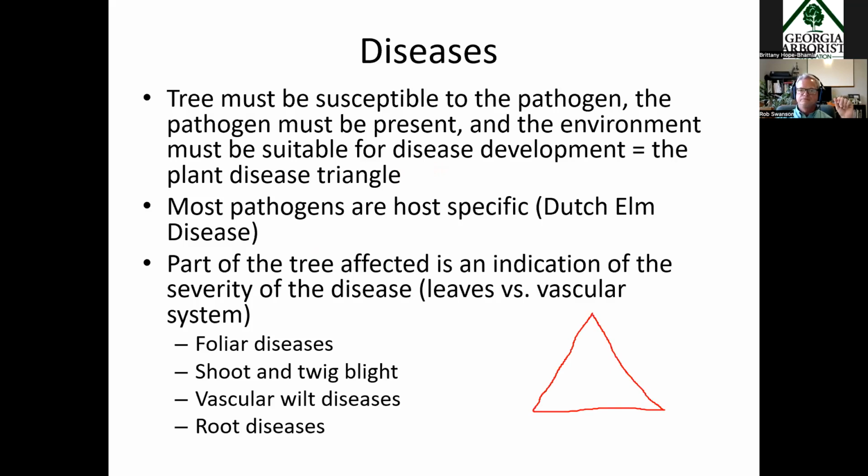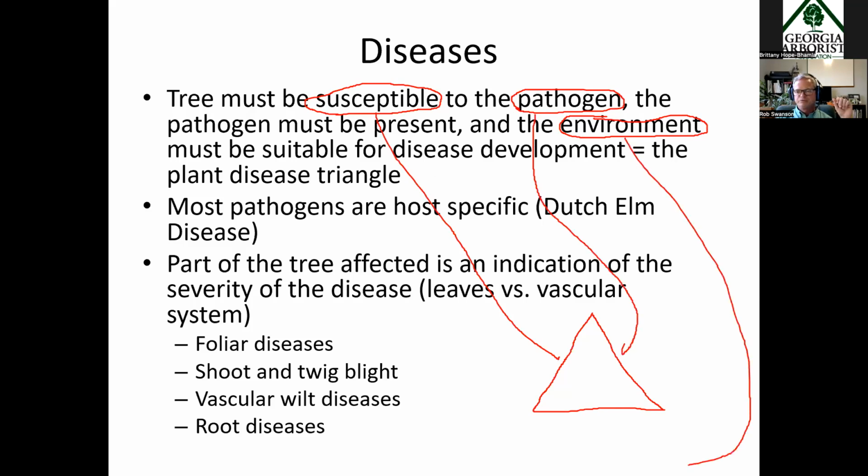The species has to be susceptible to the pathogen, and the environmental condition means it has to be the right temperature, the right time of year. All of these things have to coincide. So you might have species as one leg, pathogen as one leg, and environment as the other side of your triangle. You have to have all these things in place in order for the disease to actually manifest.